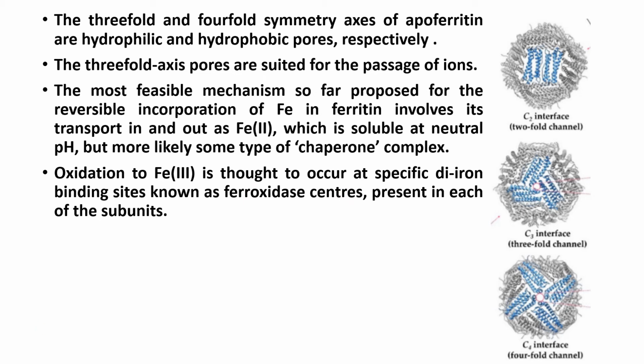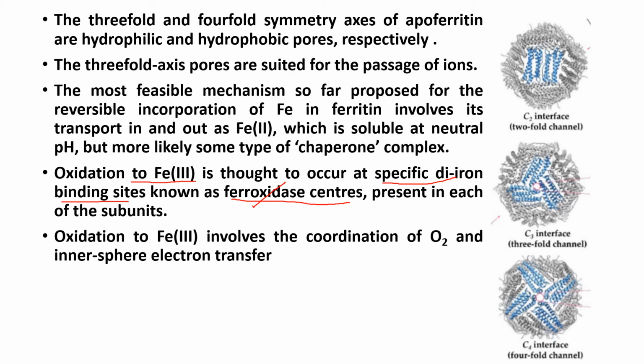A peroxidase center is the center at which oxidation of iron occurs at specific di-iron binding sites. These sites are known as peroxidase centers, which are present in each of the subunits. We know in an apoferritin or a ferritin there are 24 protein subunits.